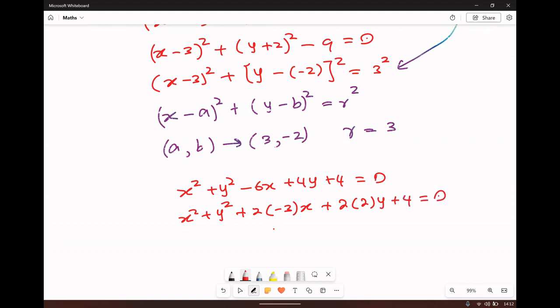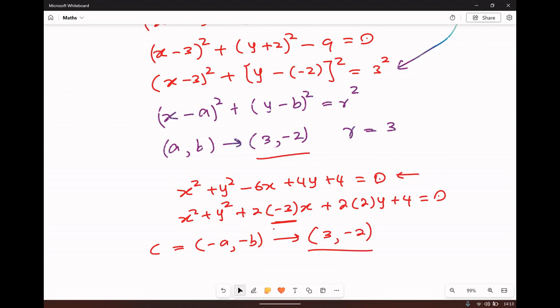If the circle is in this format, we know that the center is going to be minus a comma minus b. In the place of a we have minus 3, therefore minus a is just 3. In the place of b we have 2, so if you put the minus sign in front of that, it's going to be minus 2. So you can see it's matching here. Both work in the same way.